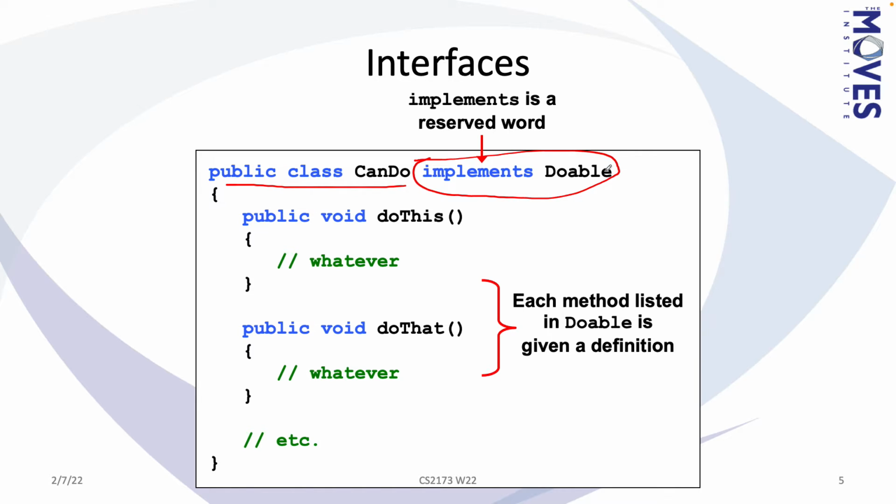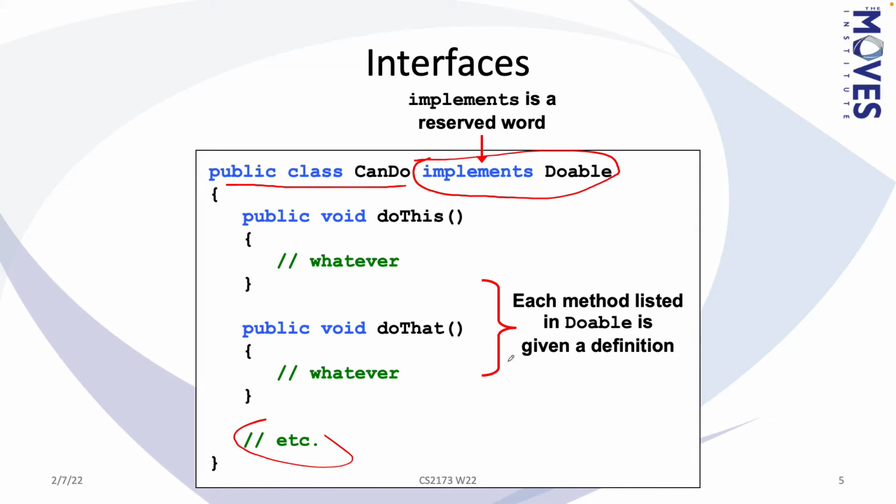In order for the compiler to allow this, it checks to see: you've claimed to implement the Doable interface, have you implemented every single method? Here, in fact, it hasn't, because it does this, does that, and then there are two others.